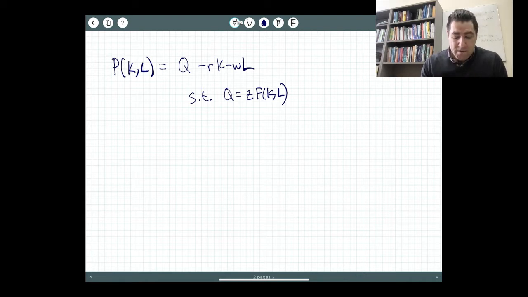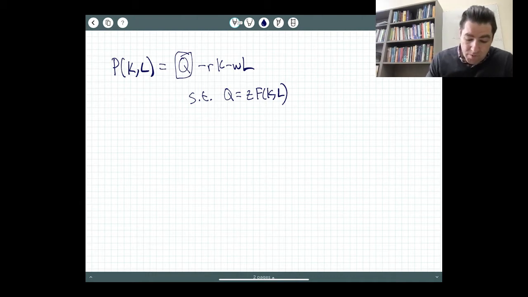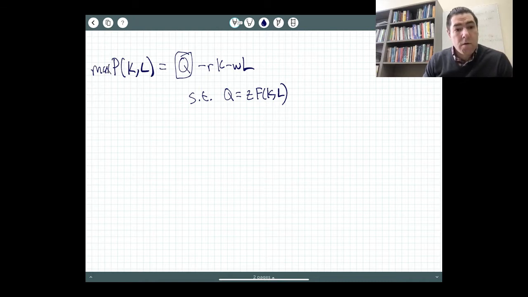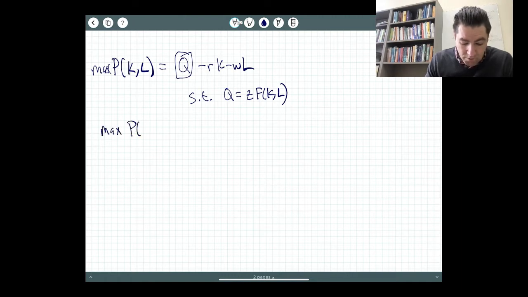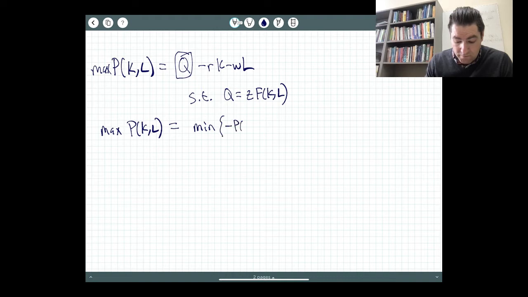Now, given that Q is a constant, it doesn't in particular affect the maximization problem. An important insight in nonlinear programming, optimization theory, is that the maximum of the profit function is equal to the minimum of minus that function.